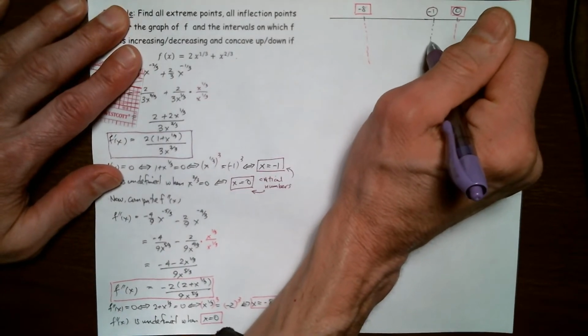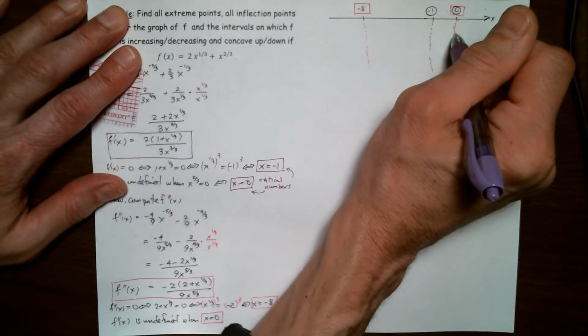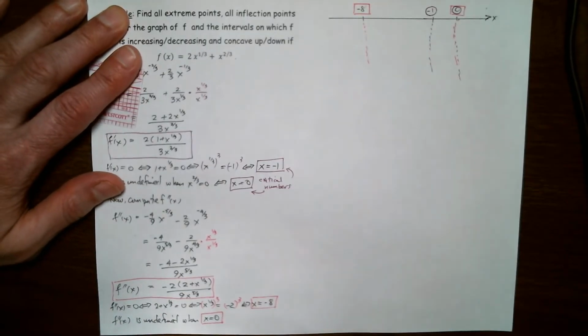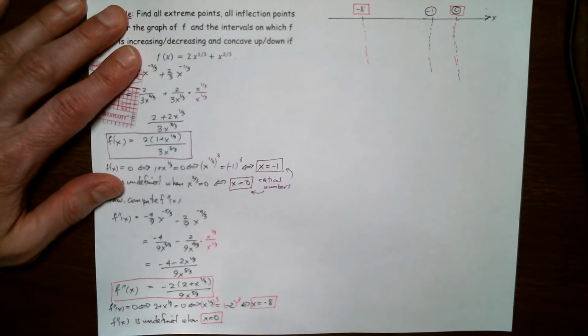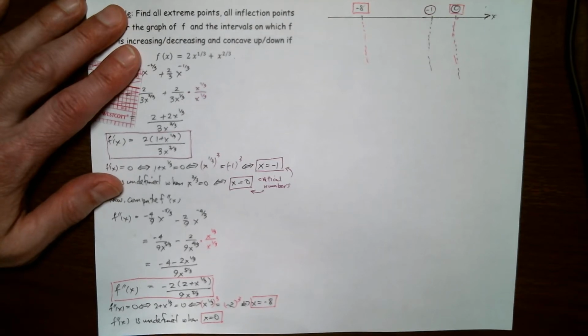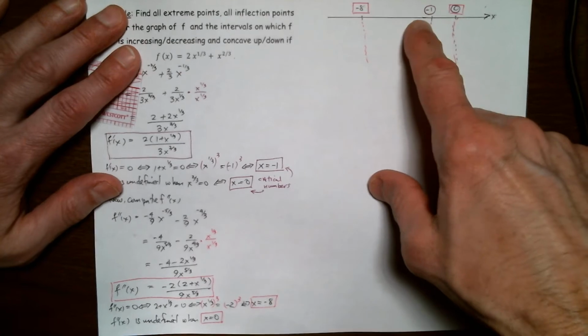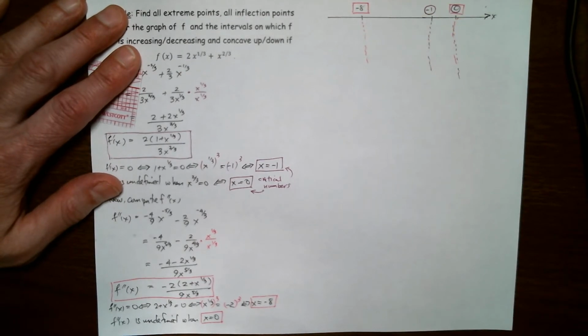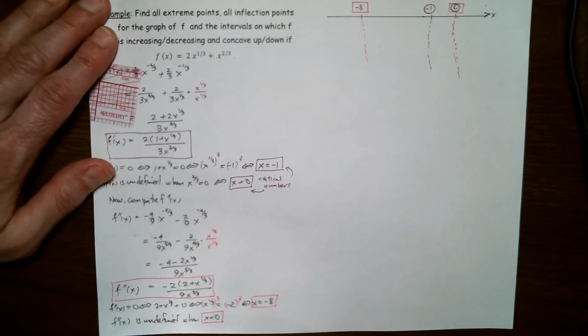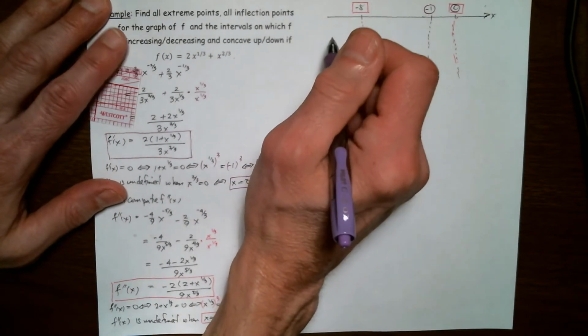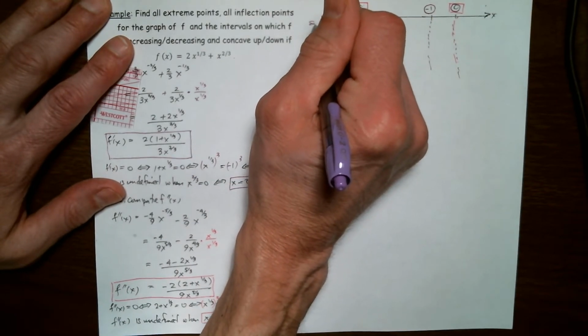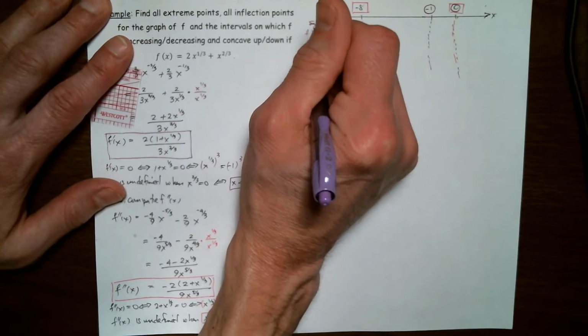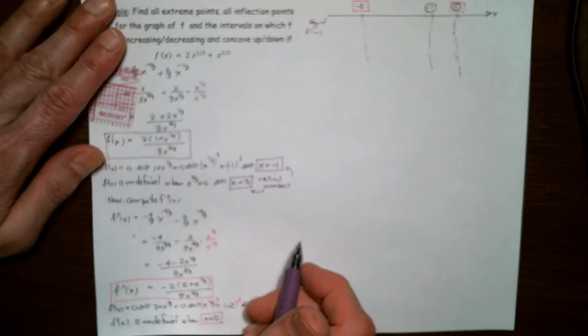So those numbers were significant for the first derivative, where our function could possibly change from increasing to decreasing. And so let's examine the sign of f prime of x over the real line.